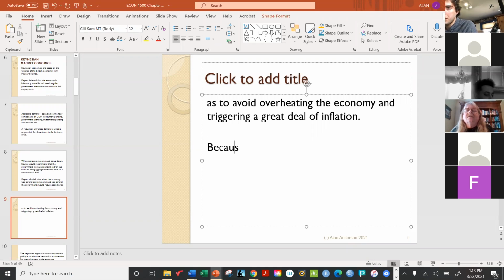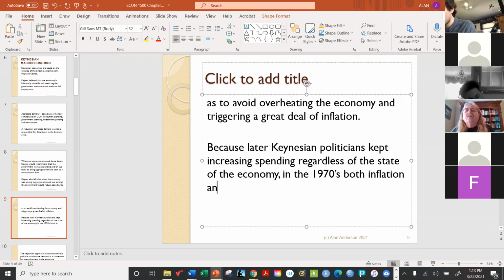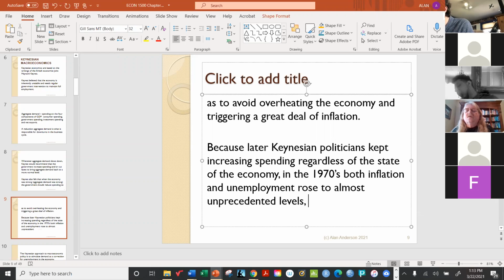And so because later Keynesian politicians kept spending regardless of the state of the economy, eventually in the 70s at least, both inflation and unemployment rose to almost unprecedented levels, which Keynes had predicted could never happen.